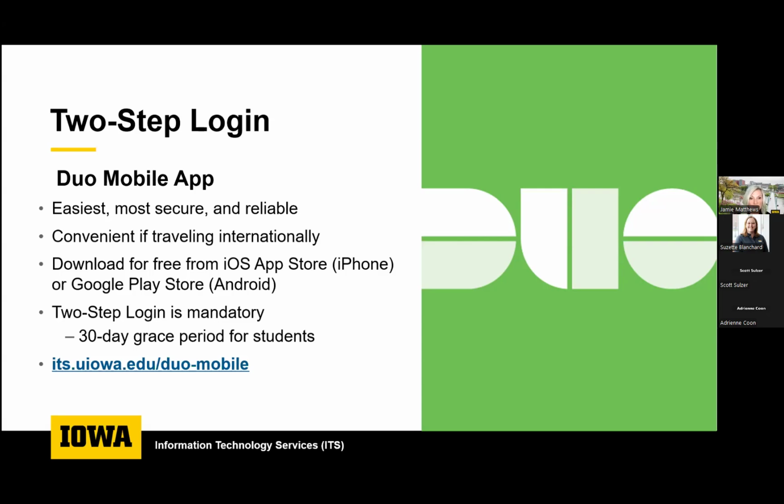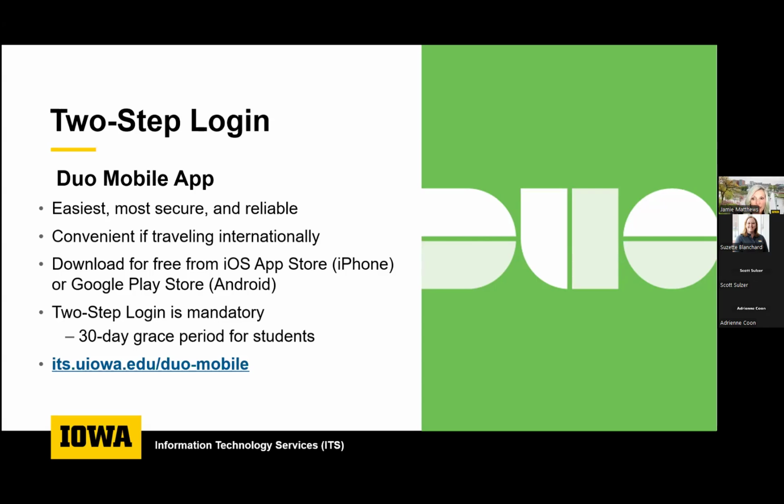And like I said, they can receive a phone call or a text, but your phone number can be spoofed. So the Duo mobile app is the most secure way to use this service. And if you go out to that website, Duo-mobile, you will find instructions for how to install and use the app.